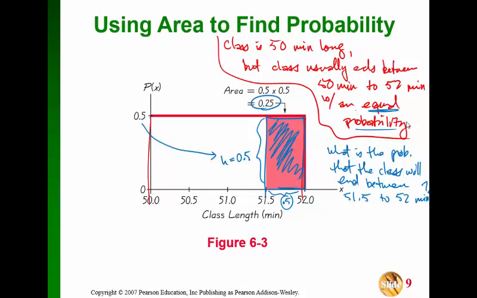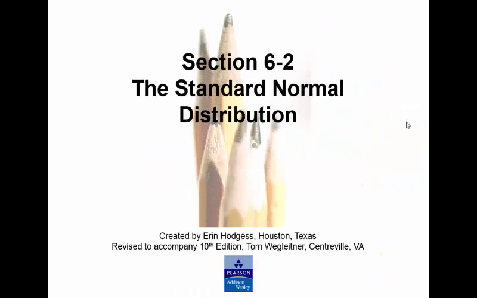All right, but our focus in this chapter is the normal distribution, so let's move on to the normal distribution. In this section, we'll focus on the standard normal distribution. The standard normal distribution is a special normal distribution that has certain properties with the mean and standard deviation.